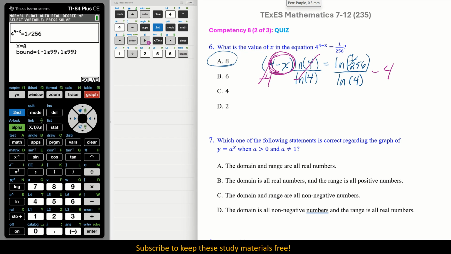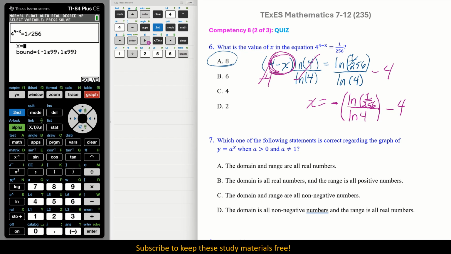That gives us x equals, then we just put this negative in front and copy down everything and enter it as we see it. That'll be 1 over 256.